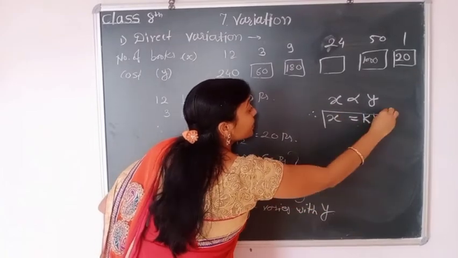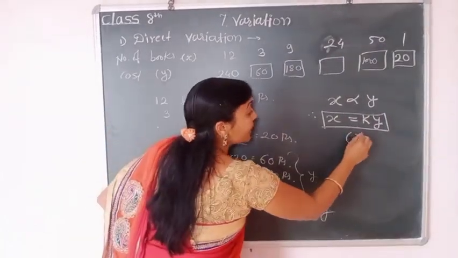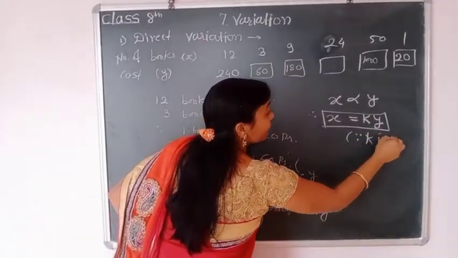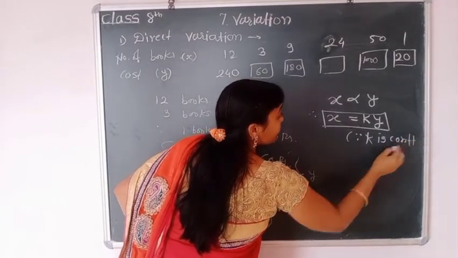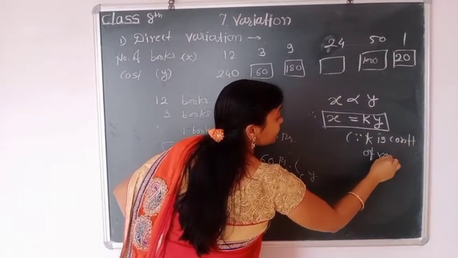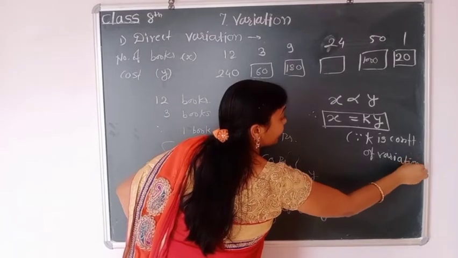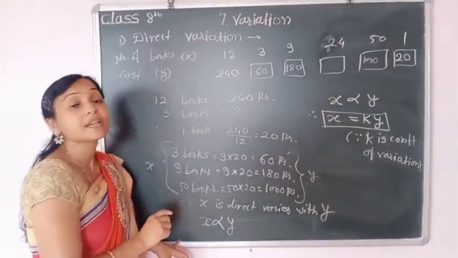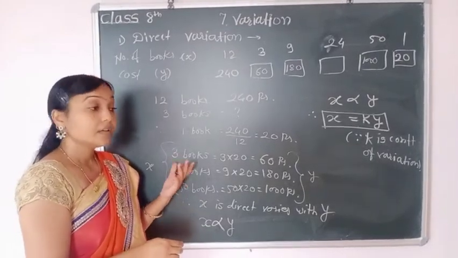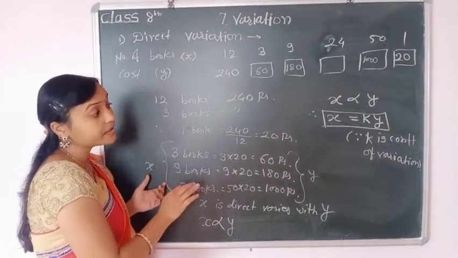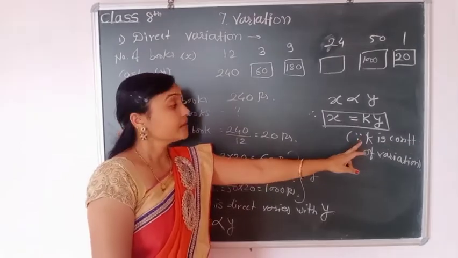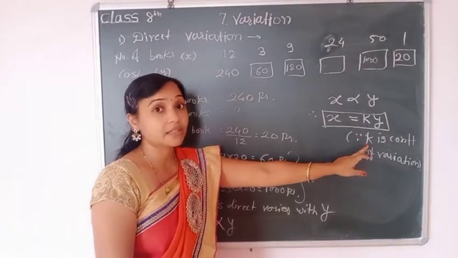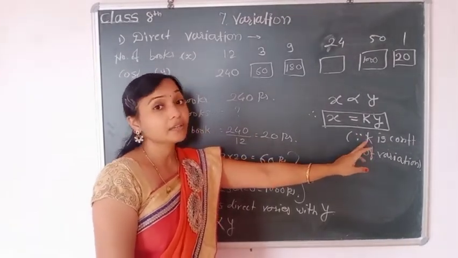This is our equation of variation, where k is the constant of variation. In other examples, you may change the x and y variables to a, b, m or any letters, but k is the same constant. It does not change. It is always denoted by k.